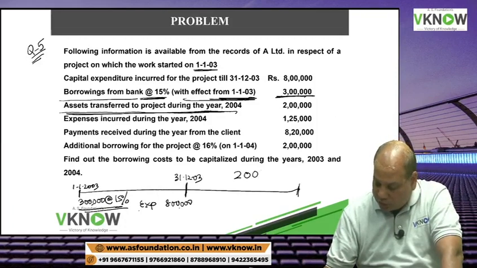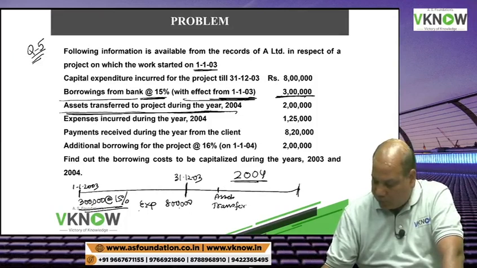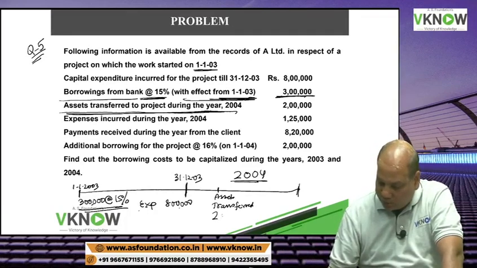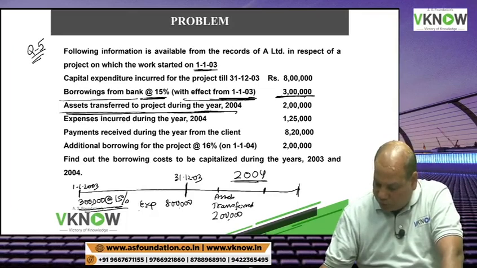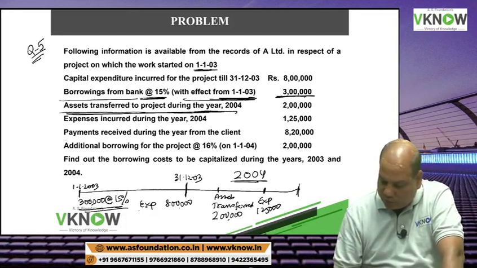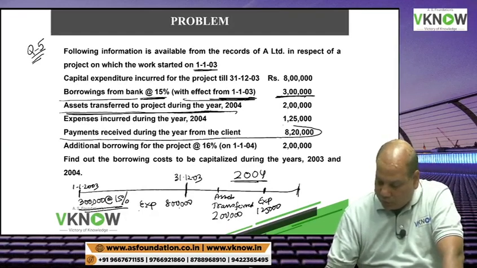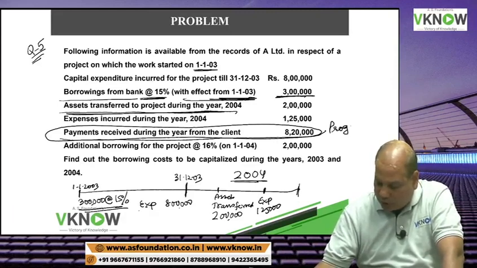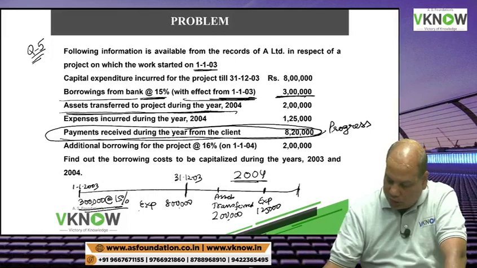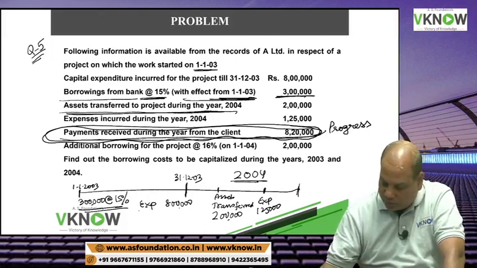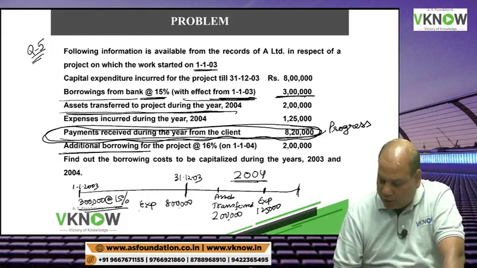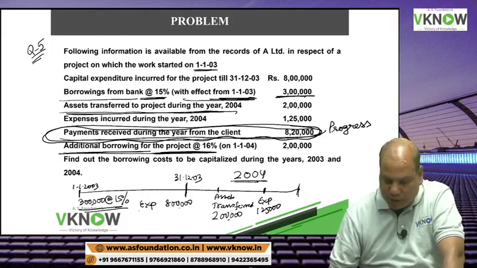Now this is year 2004. So you have one asset transferred. Asset transferred will also be added in the expenditure, 2 lakh. Plus you have also incurred expenditure of 1,25,000. In the second year, you received progress payment from the client, 8,20,000, and you have borrowed an additional amount for the project at 16%.